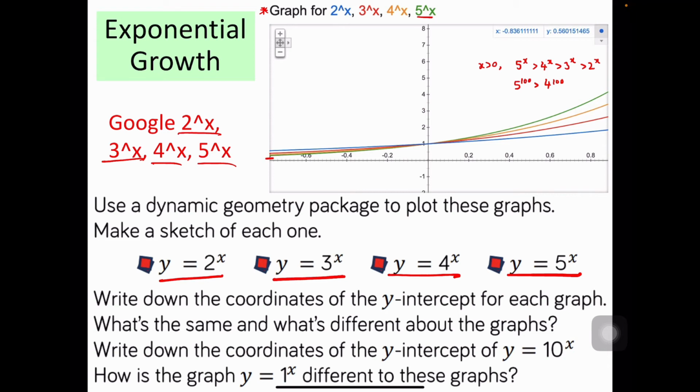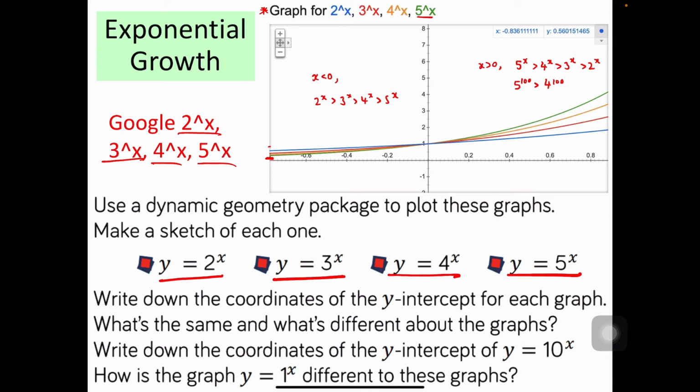If you look carefully here, the green line is the lowest of them all, and the blue line is the highest. So when x is less than 0, 2 to the x is larger than 3 to the x, which is larger than 4 to the x, which is larger than 5 to the x. Well, let's substitute a value in.